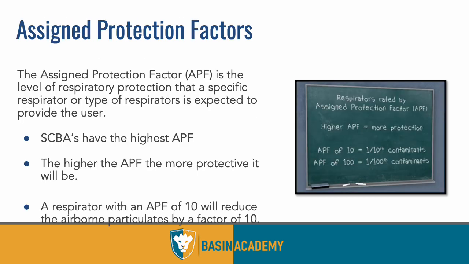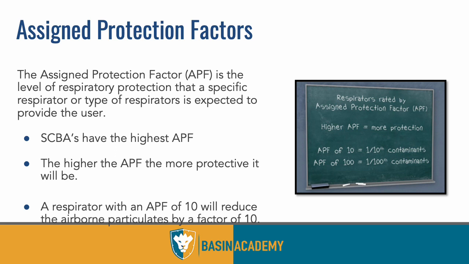So with respirators, they also have an assigned protection factor, also known as the APF. The APF is a number assigned to a respirator based on the amount of protection it's going to give you. Now, the respirator mask and face piece itself may have an APF, and then also the cartridges may have an APF. So we want to choose the highest APF possible that's feasible for the type of work that we're doing.